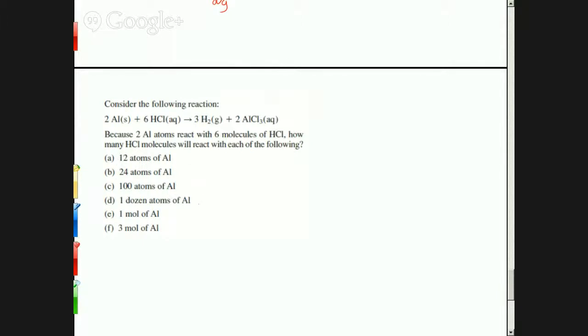And then the other way to do it, if you can't just see it, which is fine, is to actually write it down like a unit conversion problem. So we take 12 atoms of aluminum, and we multiply it by a conversion where we put atoms of aluminum on the bottom, and then atoms of, or molecules of HCl on the top.